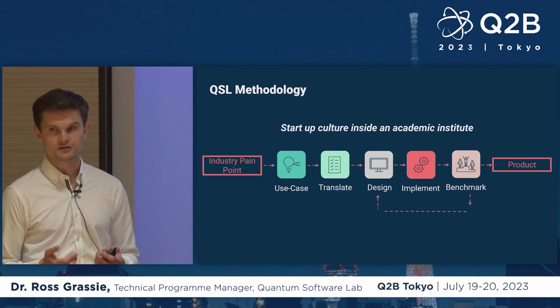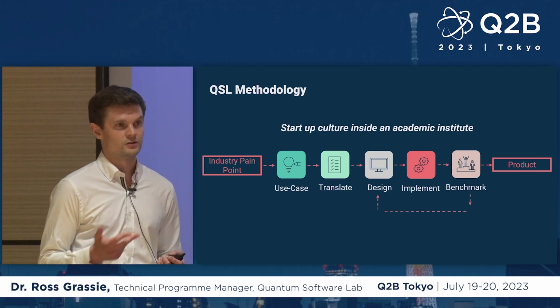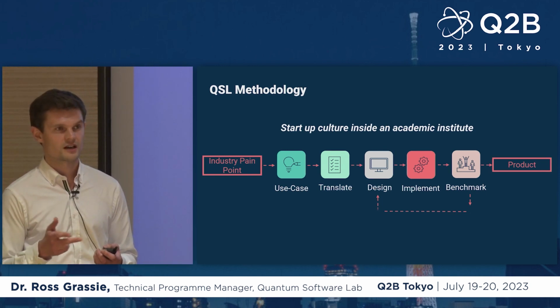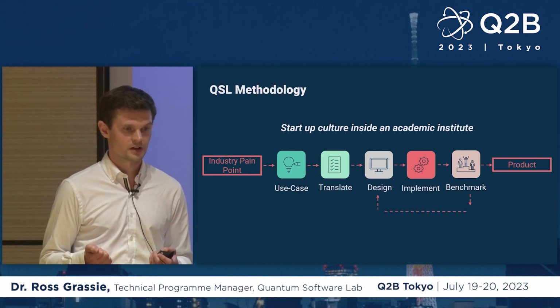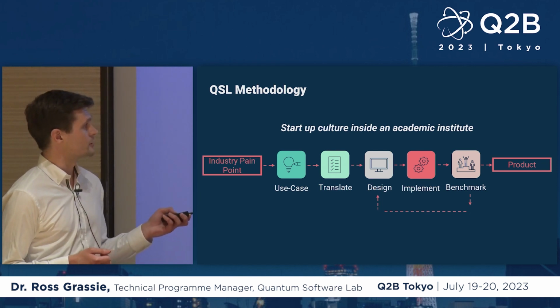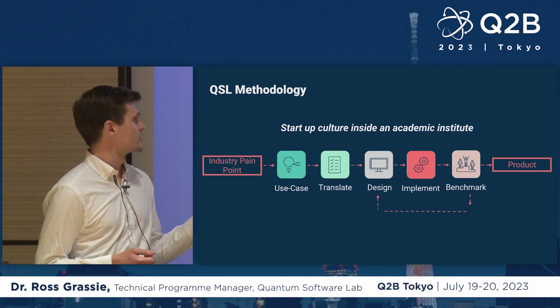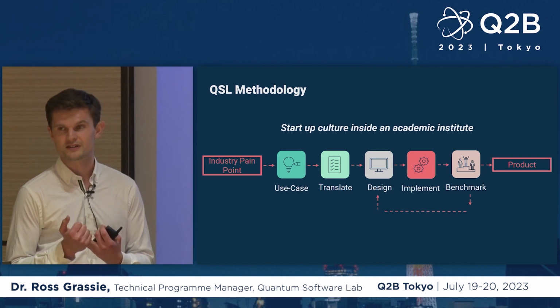And then the researchers are designing, implementing, and benchmarking these quantum applications against other quantum solutions and also against the best-in-class classical solutions. And it's incredibly important that the output from our benchmarking is going back in so that in future we can design and implement better solutions.